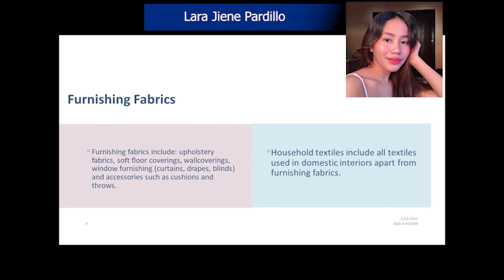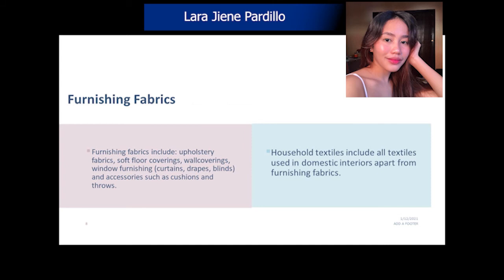Household textiles, also referred to as soft furnishing, are fabrics that are used in our home. They include items frequently classified as linens, such as bath and dish towels, table linens, shower curtains, and bathroom ensembles. So what is linen?